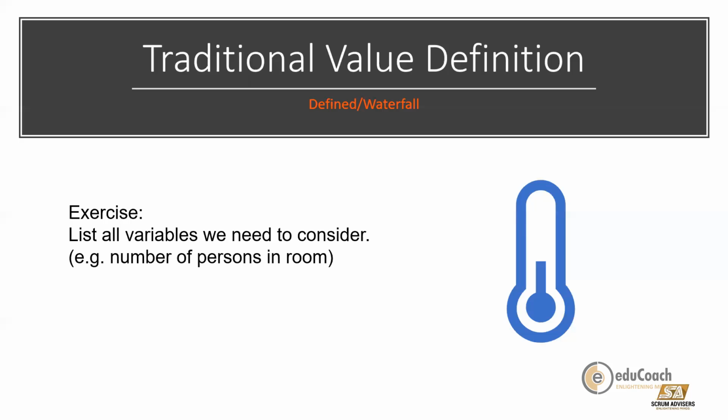Yep. Windows, how many windows, blinds, how many blinds can we control? So yeah, those are variables that we would have to consider. You're right, Brian. Anyone else? Number of people in the room, outside temperature, exposure to sunlight, absolutely.